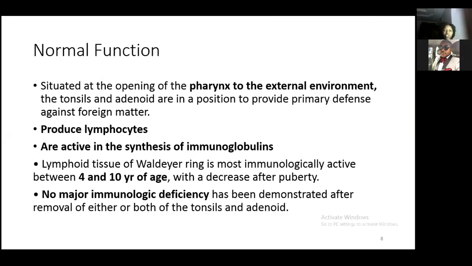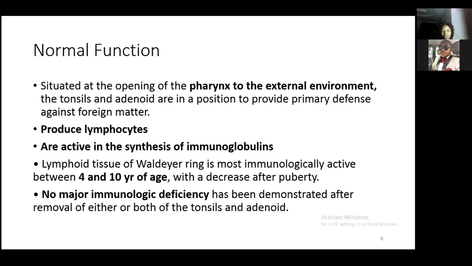Now the physiology. The tonsils are situated at the opening of the pharynx to the external environment. The tonsils and the adenoids are in position to provide primary defense against foreign matter.